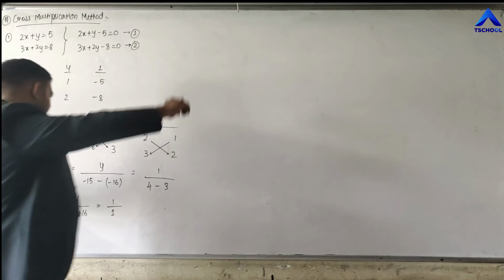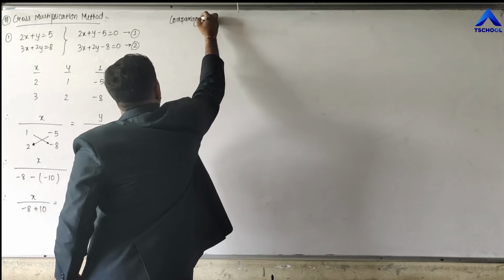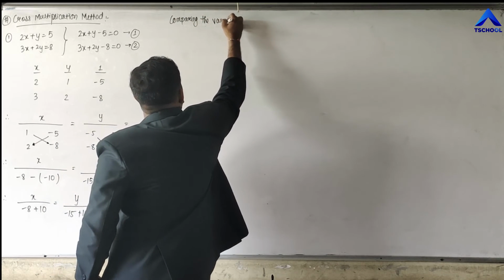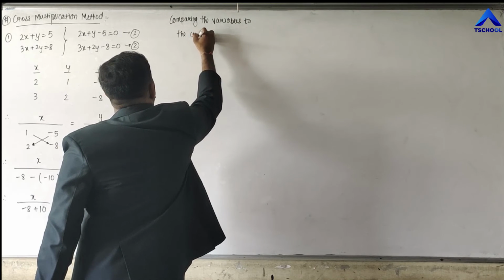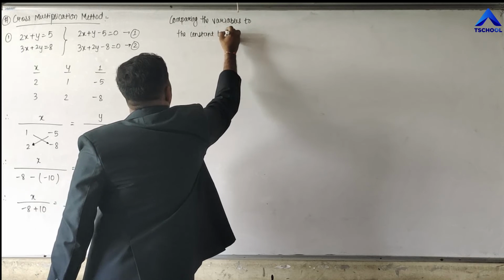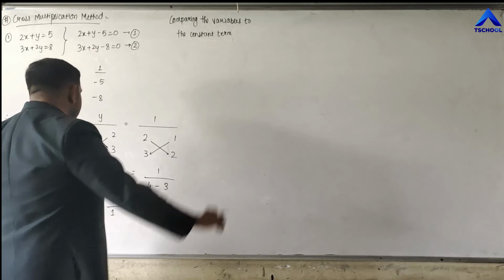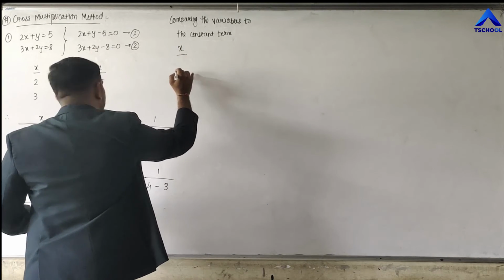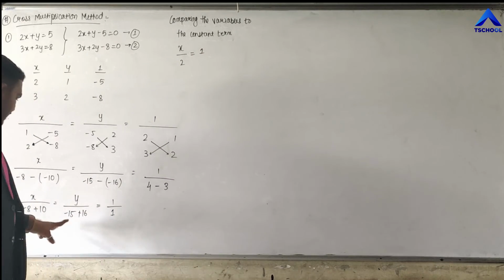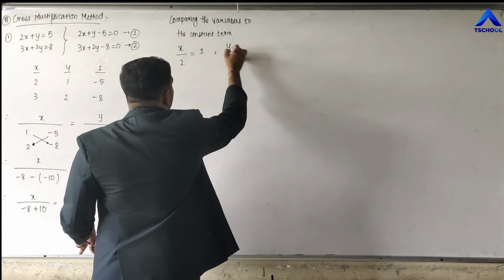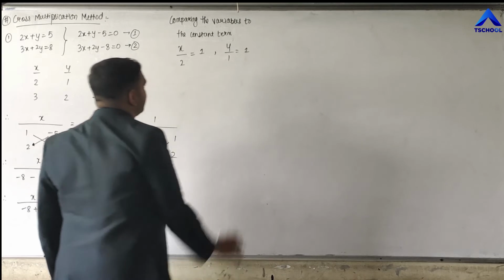Now simply comparing the variables to the constant term, what we shall get is x upon minus 8 plus 10, which is 2, is equals to 1 upon 1, which is 1, and similarly y upon minus 15 plus 16, which is 1, is equals to 1 upon 1, which is 1.